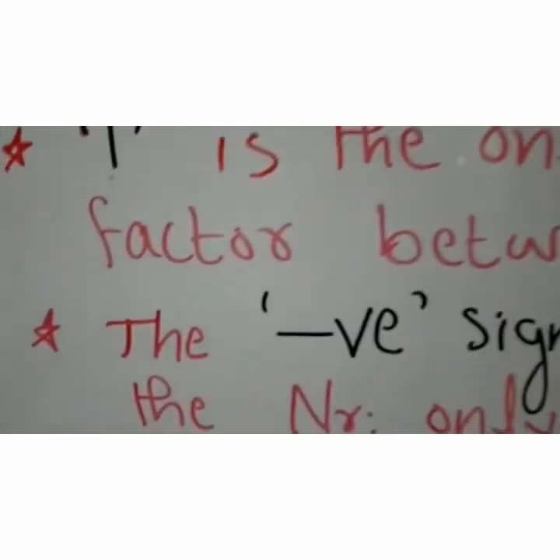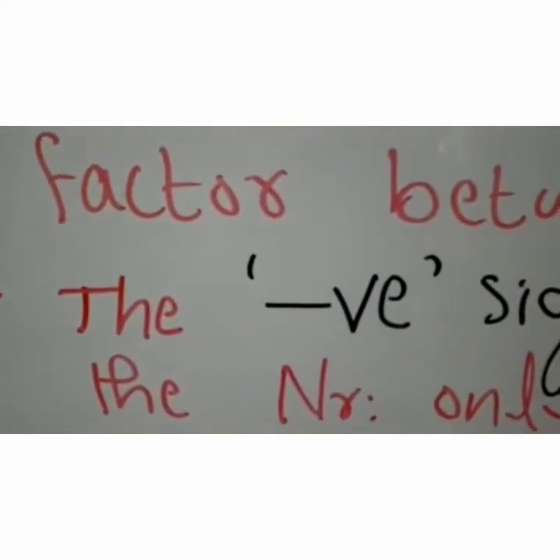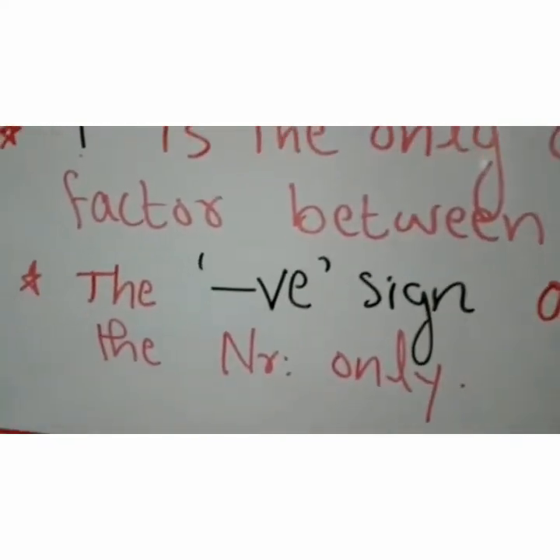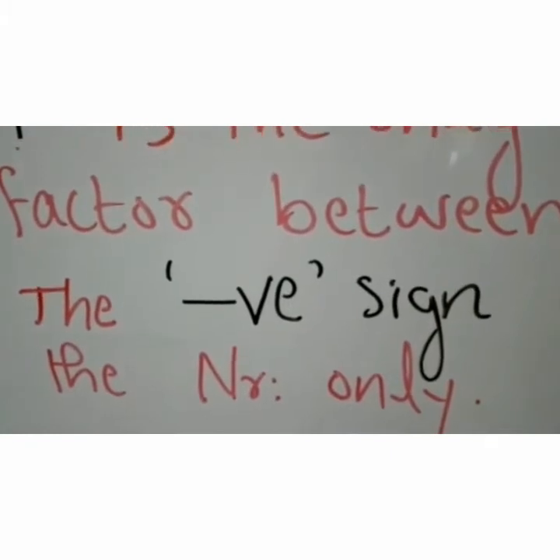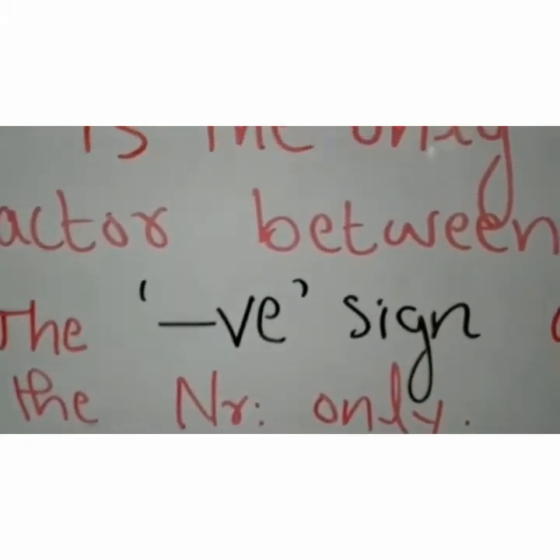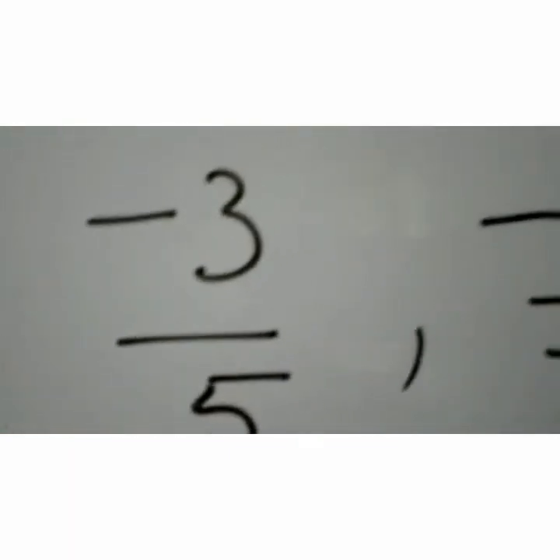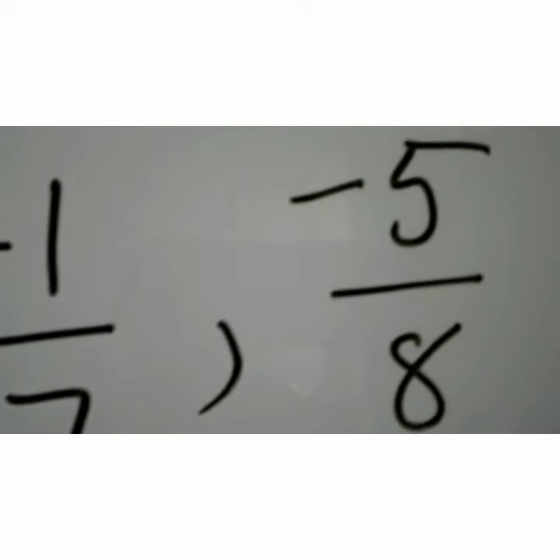Then second one. Second condition is the negative sign. Negative sign occurs in the numerator only. See in this example, here negative 3 divided by 5 and negative 1 divided by 7, negative 5 divided by 8.